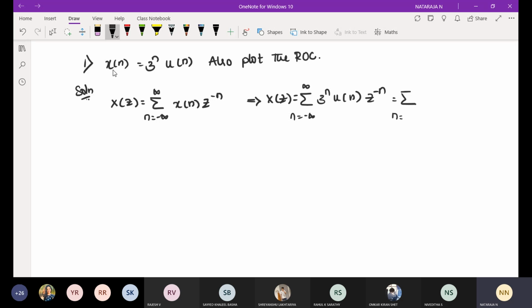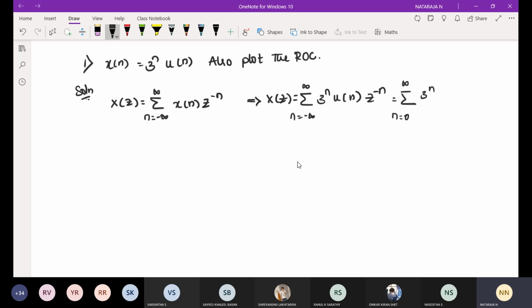Then if I take u of n, what are the limits for u of n? Can anyone tell me? 0 to infinity, where n varies from 0 to infinity.